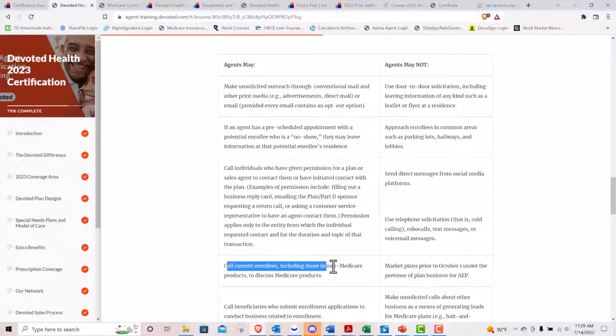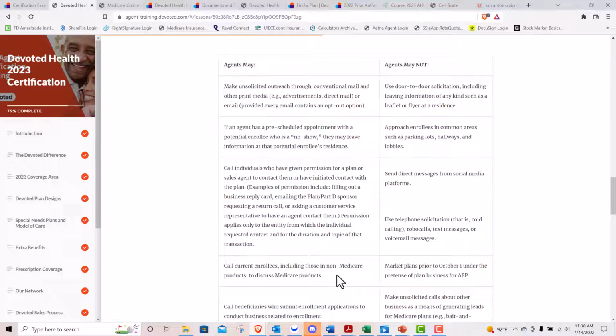Call current enrollees, including those in non-Medicare products, to discuss Medicare products. So here is a misconception. So you are not supposed to call enrollees to discuss Medicare products. So your current enrollees, so your current clients, you can call to see how they're doing.